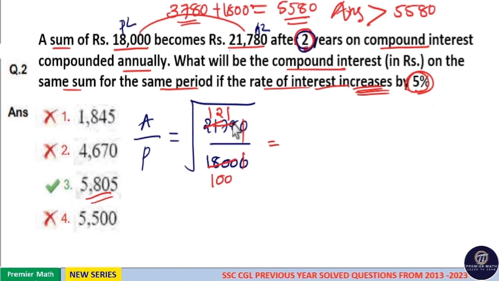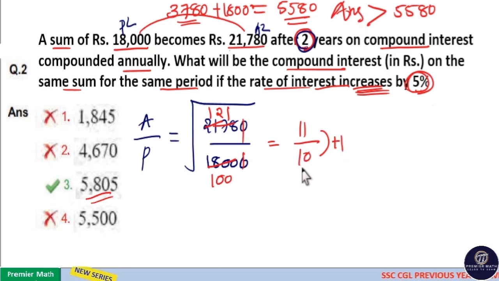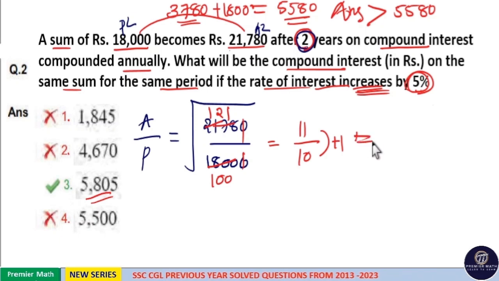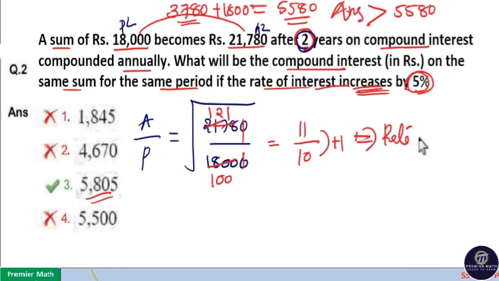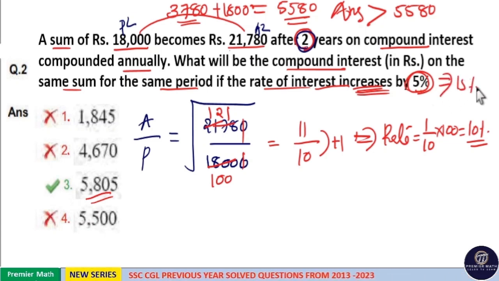So this is root of 121 by 100, means 11 by 10. Now you can say difference is 1. This 1 part interest generated is from this 10 part principal. So rate is equal to 1 part interest generated out of 10 part principal into 100, that is 10% is the rate. Old rate is 10% means new rate is equal to 10 plus 5, 15%.